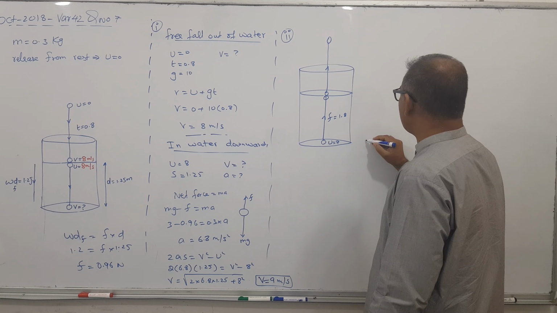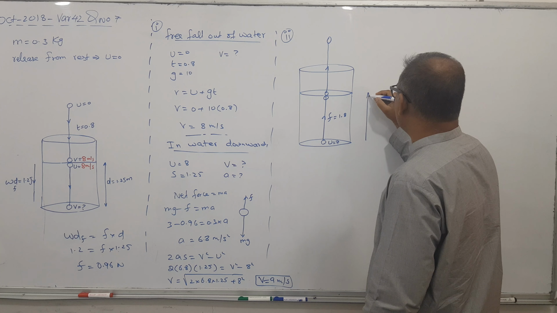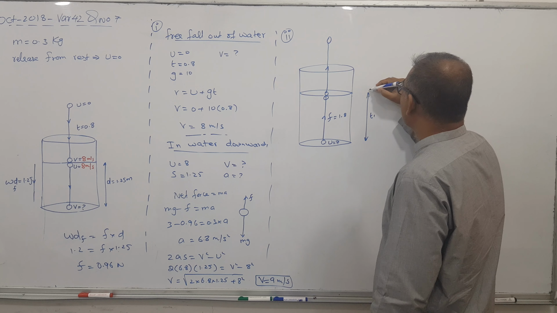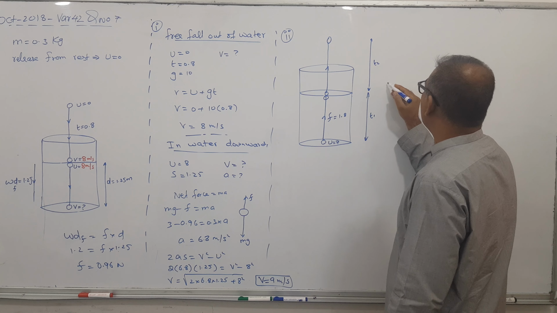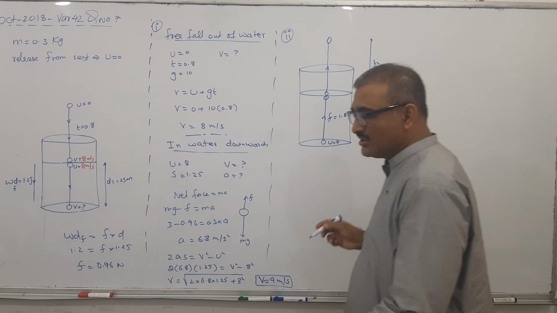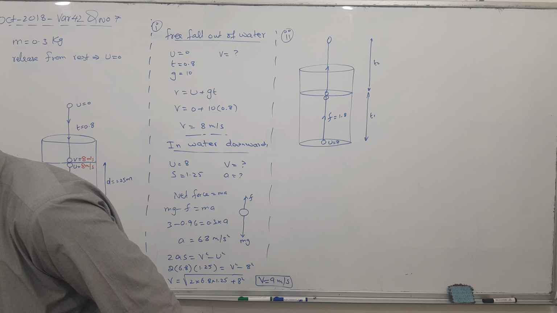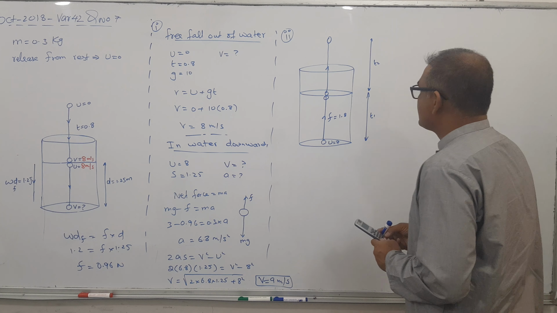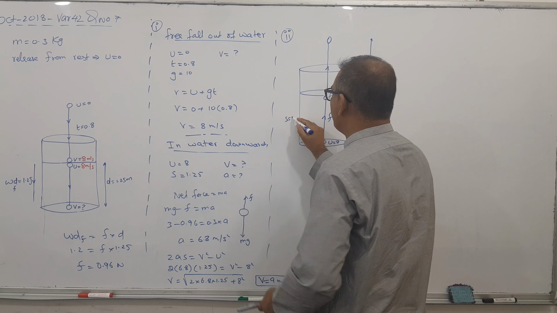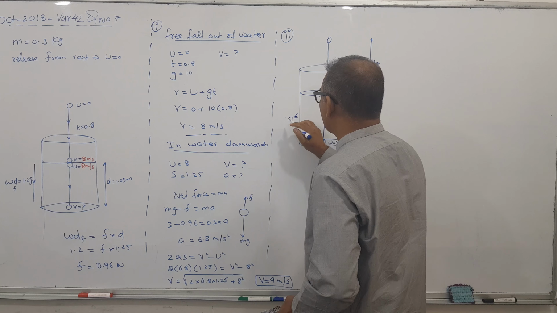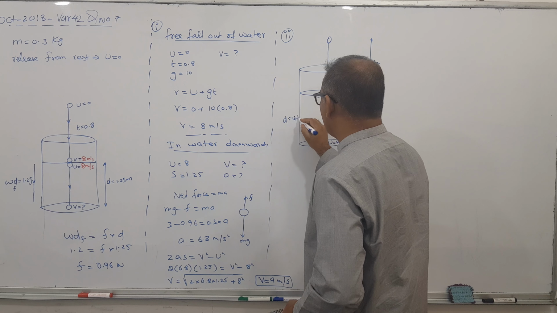This time is our target; call this t1 and this t2, and we add them both. The depth of the water is 1.25.